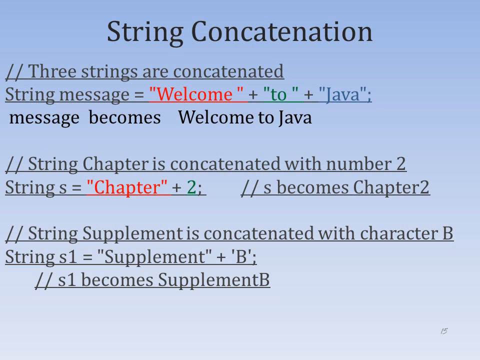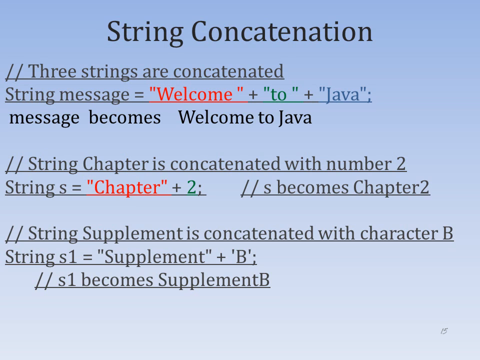So if we look at the first one, we have 3 separate strings, and when we concatenate those, message becomes 1 string out of those 3. Notice that when we're concatenating, we have to leave a space between our words, if we want to be able to read it. Otherwise, the words would just be all jammed up against each other.